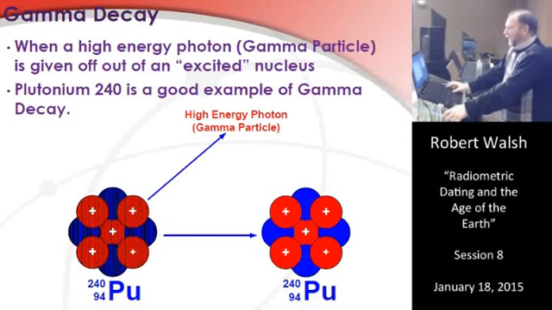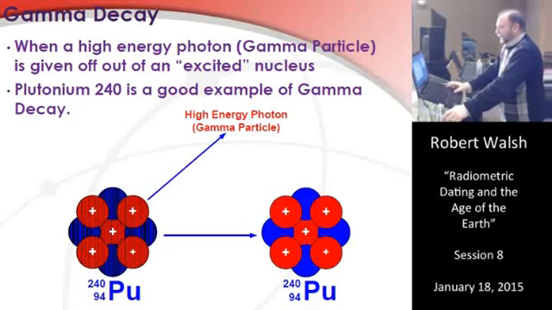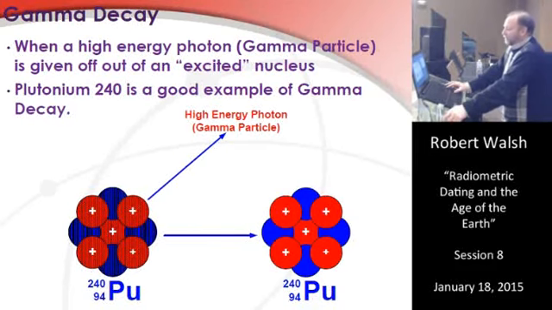So it gives off a gamma particle, and an example of this, of course, is plutonium-240, where if you notice on the graphic, notice the symbol. Plutonium is 240 over 94. Well, it gave off a gamma particle, but what is the chemical symbol? It's still plutonium-240/94.